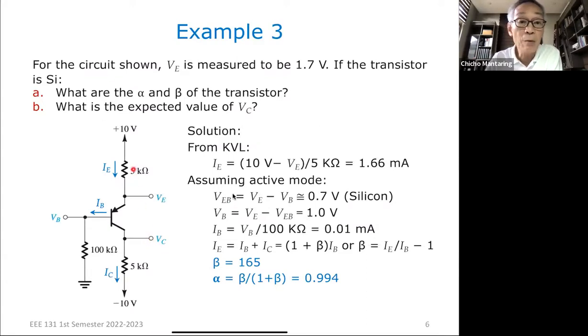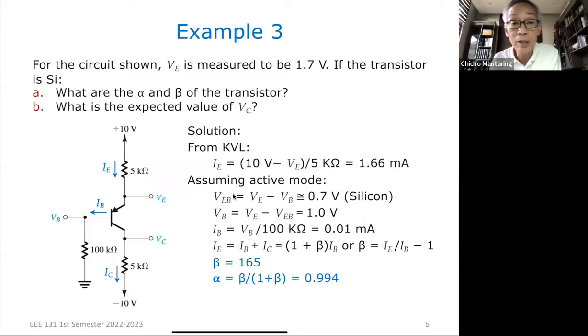And then the other thing that I wanted you to experience is, what if you have multiple power supplies? So notice that you have a separate power supply connected to your emitter resistor, and a different power supply connected to your collector resistor.